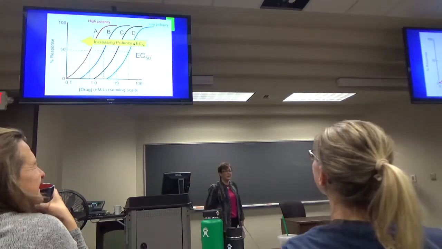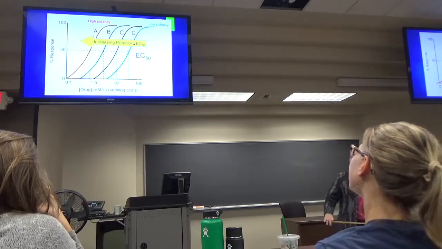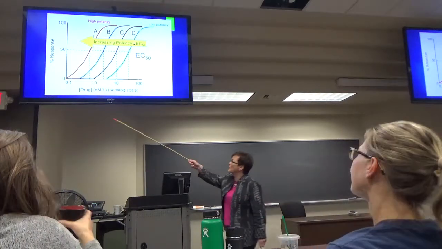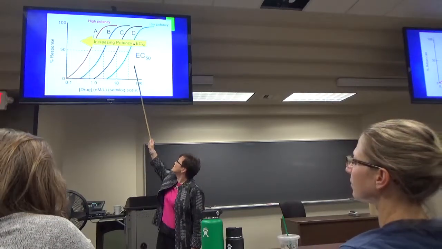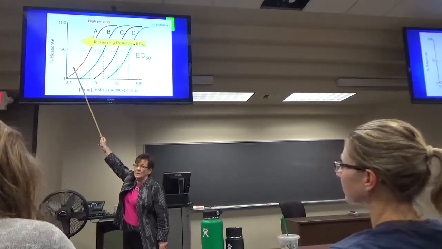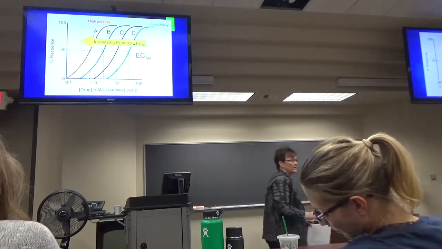This is the one I gave you in the very first module. Same kind of thing. It might be a little easier because they've drawn all the lines. So they're looking at a 50% response rate with 4 different drugs, and they're showing them that potency goes this way because of the amount of drug it takes to get an effect.